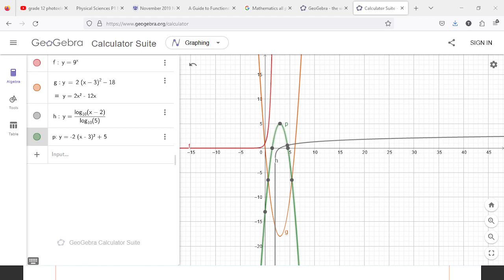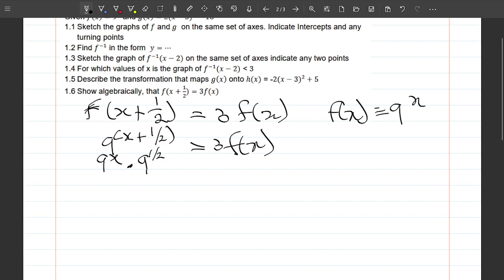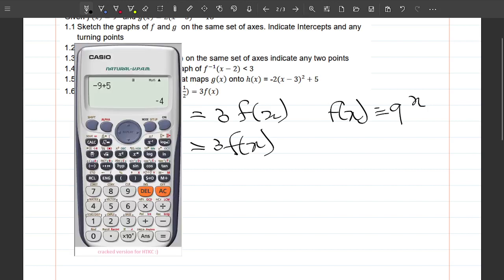Okay, then once I have it like that, I'm going to take this 9 to the half and let the calculator do the work. Oops, seems like I haven't been showing you. So there's that question. I'm going to break down that 9 to the half and simplify it.